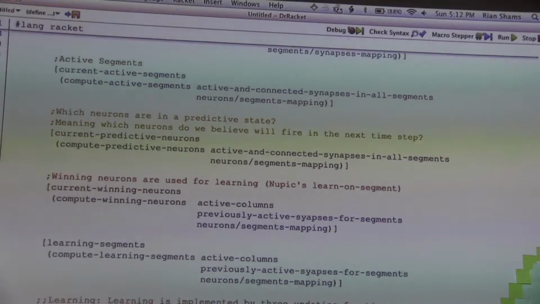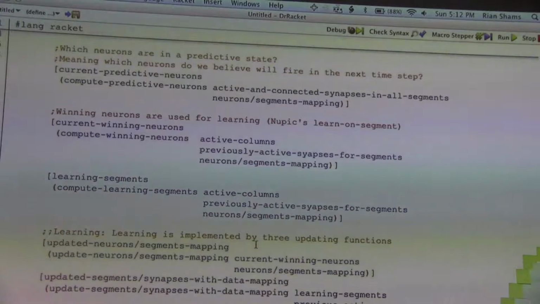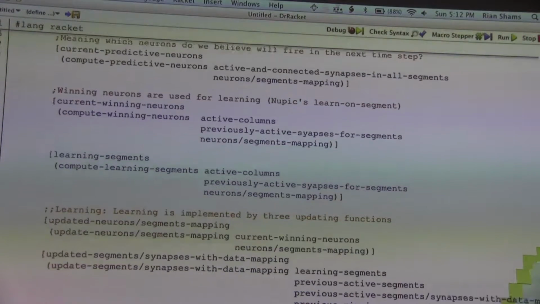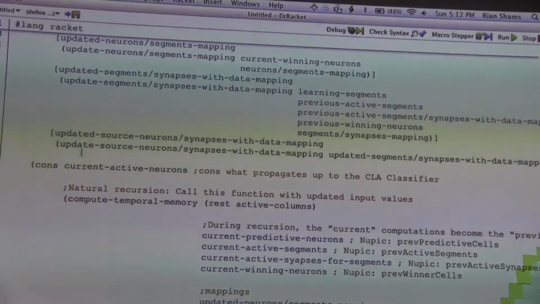And the last thing I wanted to touch on, without going into a lot more detail, is how you learn in this system. We only have these three learning update functions. And as you recur, here's the natural recursion. For anyone who's not familiar with it, recursion is once you define a function, you call that same function within the function.